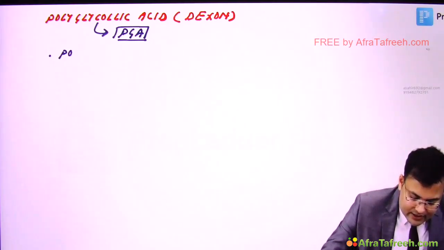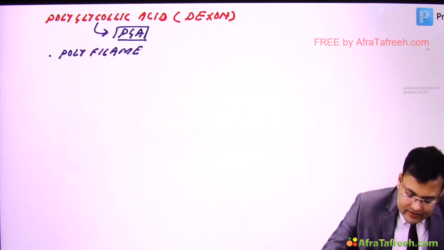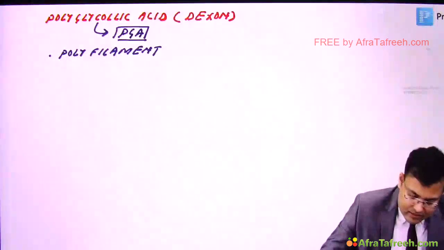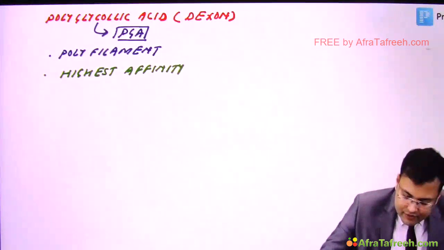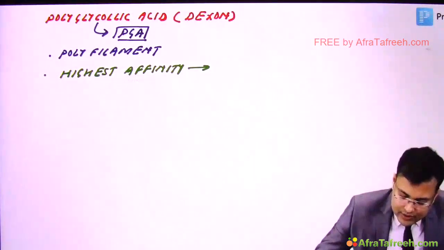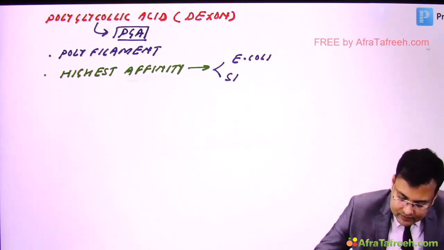So what is the biggest problem with Dexon? First, it's a polyfilament, so there is increased risk of infection, and second, it has the highest affinity for adherence to E. coli and Staph aureus.